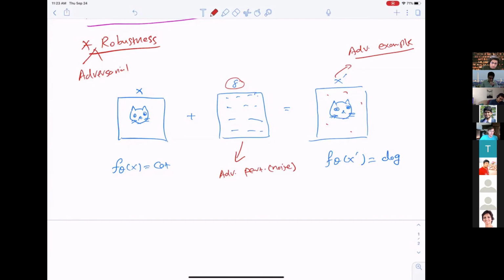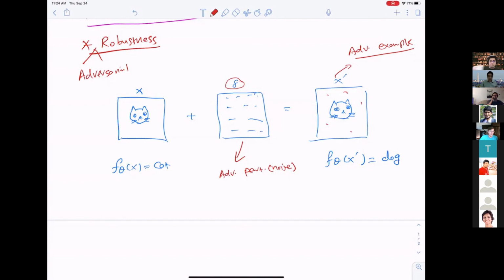Okay, so let me see, there are some questions. Does it depend on the amount of noise? Yes. I'll talk about the noise models that we will consider. Here, just roughly speaking, the noise is small, a perturbation of your image that is imperceptible.